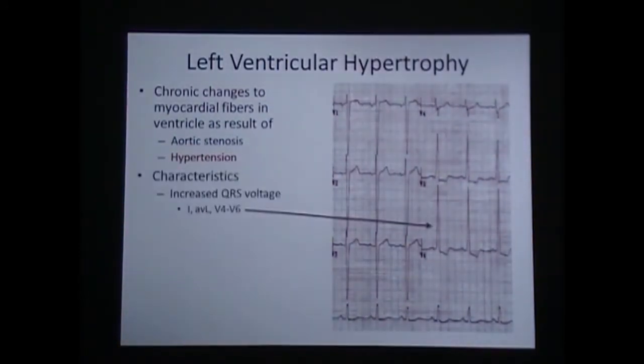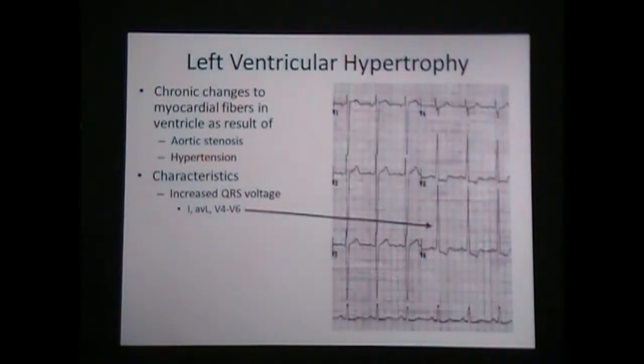This is over time. It's characterized by increased QRS voltage in 1, aVL, and V4 through V6, and I got better pictures coming up. But you see how, comparatively, we'll go V2 here, the QRS complex here, the height, and then we start getting to V5, V6, how high those QRS complexes are, okay?